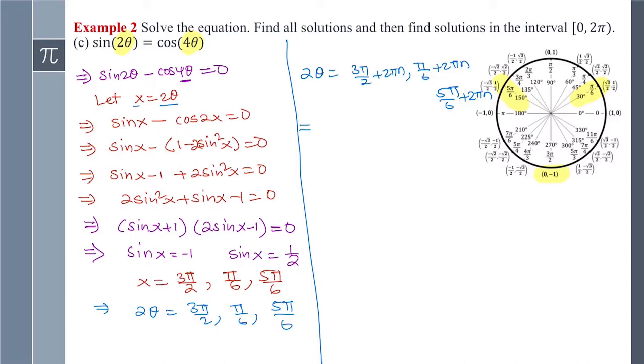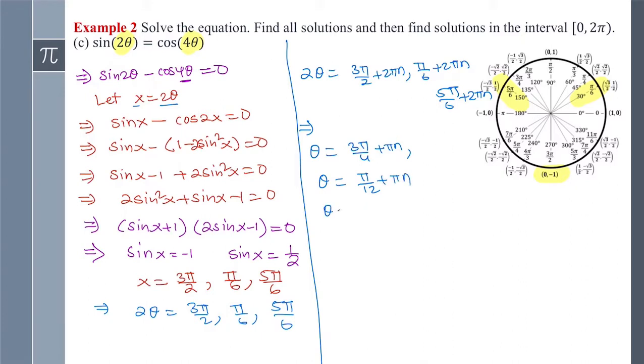Now if we divide by 2, we get theta equals 3 pi over 4 plus pi n. So that's the first one. And the second one, we get theta equals pi over 12 plus pi n.